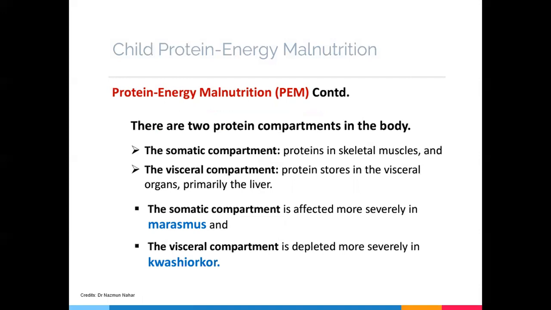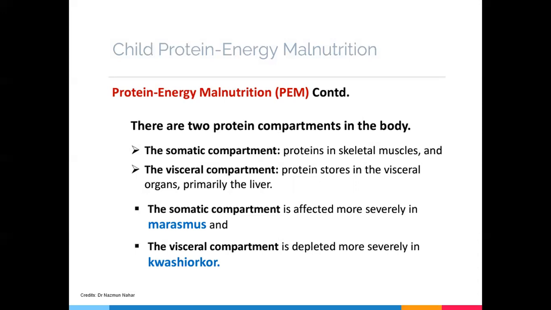Okay, and this is usually the type of muscles that is sacrificed for their amino acids, so that these amino acids can be converted to glucose or can act as a source of energy during fasting, di ba? So that is the somatic compartment.